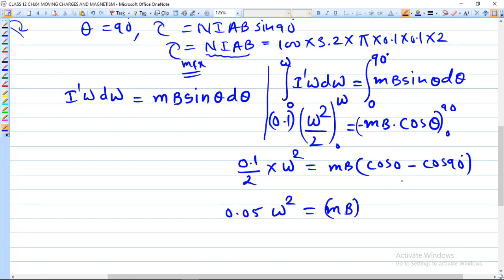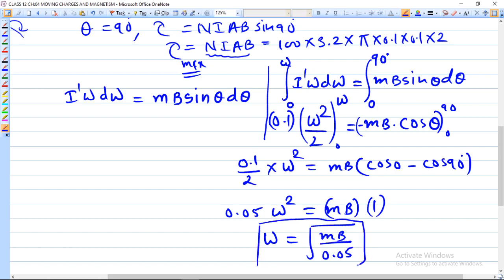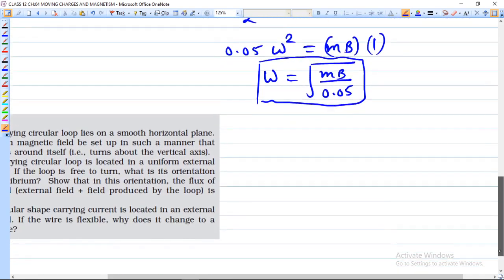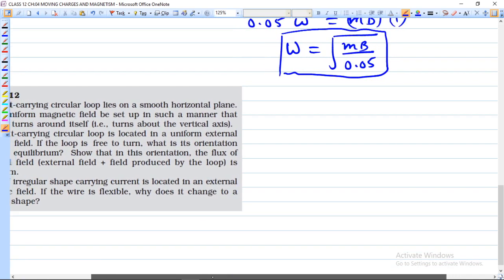Cos 0 is 1 and cos 90 is 0, so it will be only 1. So omega will be under root MB upon 0.05. Now it's your work to put the values of M and B and you will get the answer for sure. Okay, let's try the next sum.